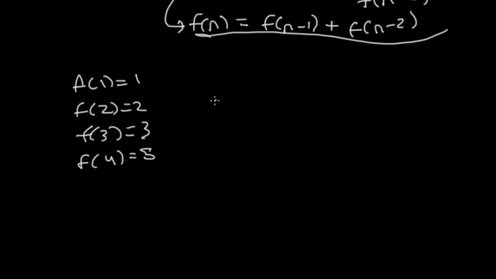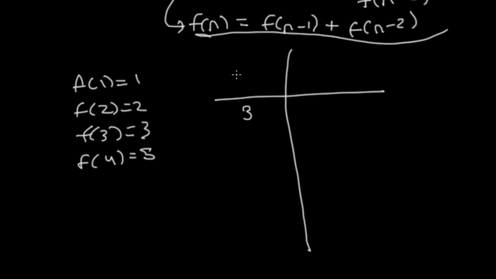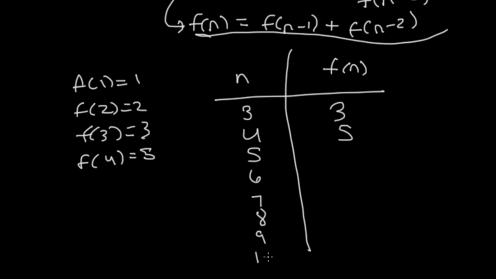So let's just draw a chart. Let's start with 3. This is n, this is Fn. We know that F3 is 3, and F4 is 5, based on this right here. So we need to go all the way up to 10. So we can try to find that.